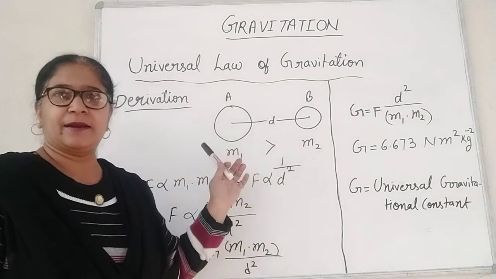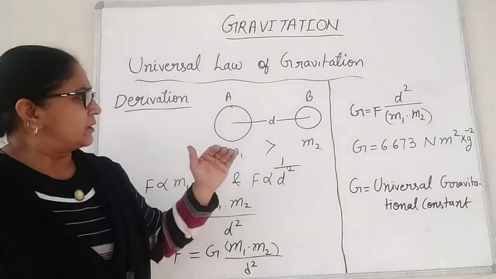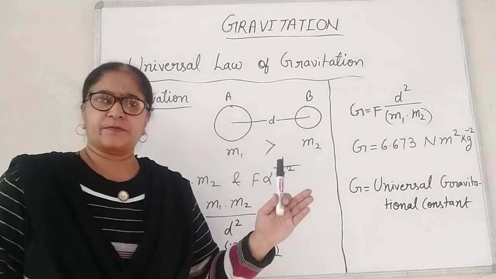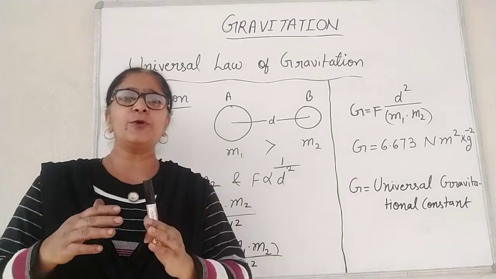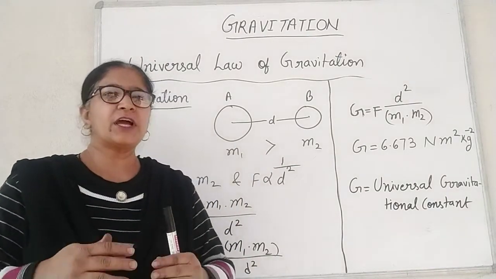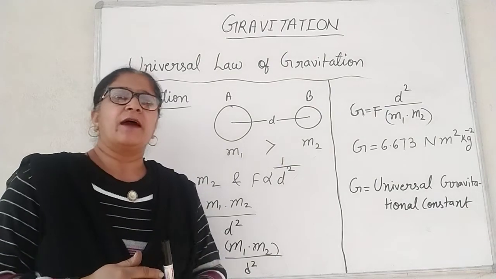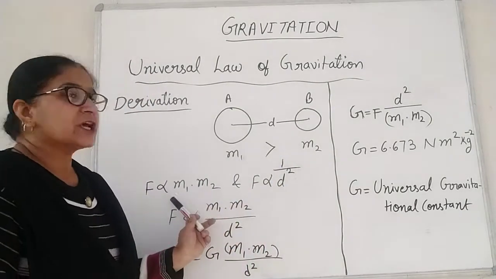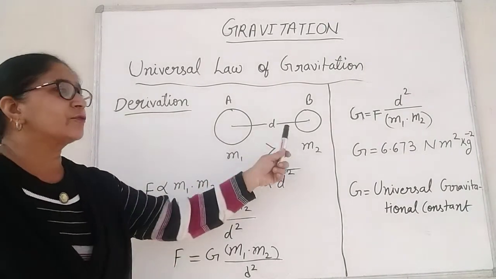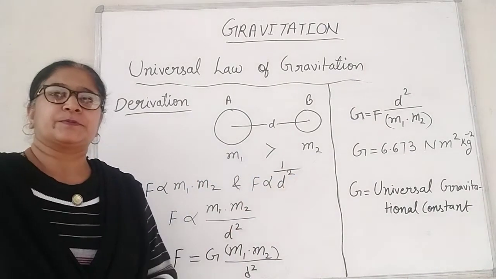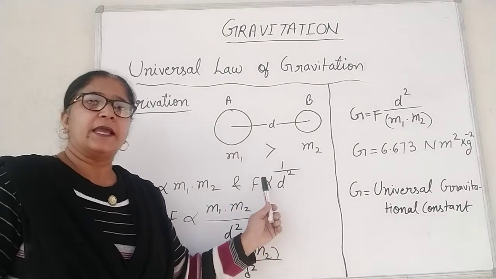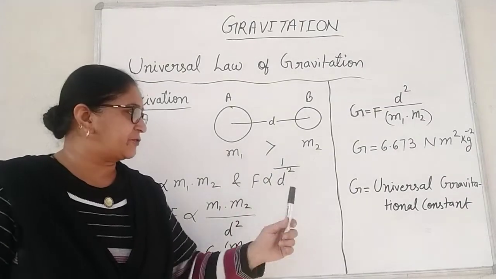Look at this, right? In this way, every object in the universe attracts every other object with a force which is directly proportional to the product of their masses and inversely proportional to the square of the distance between them.